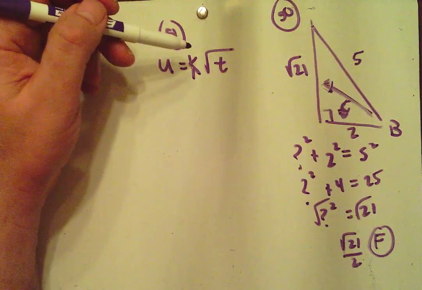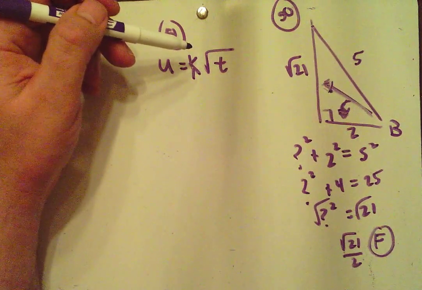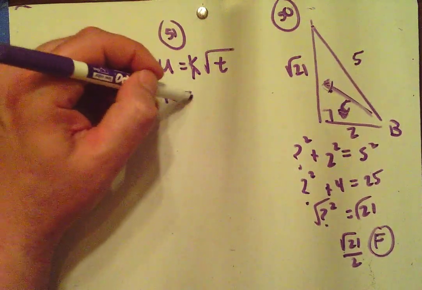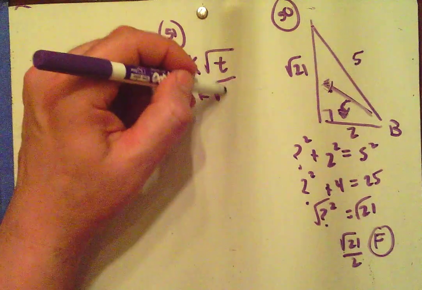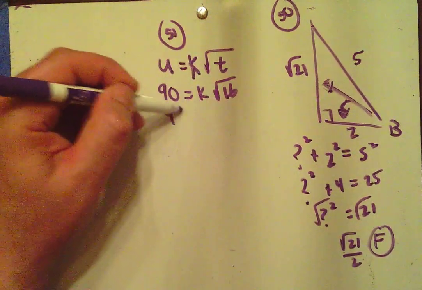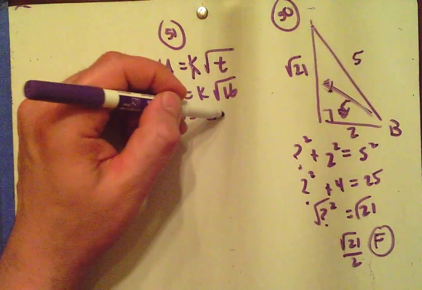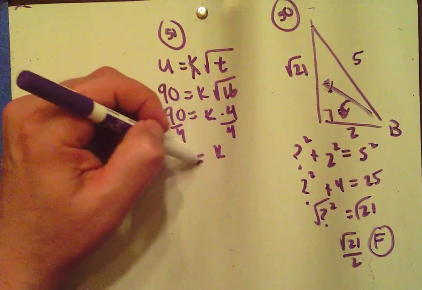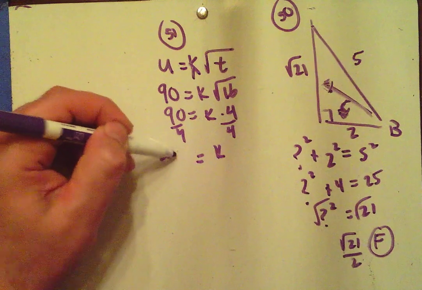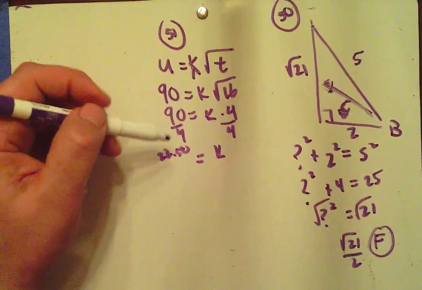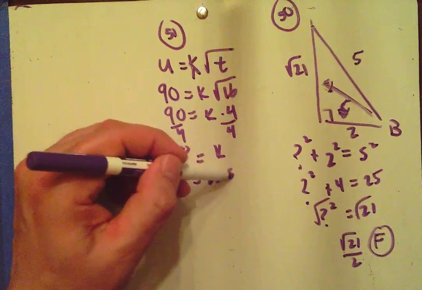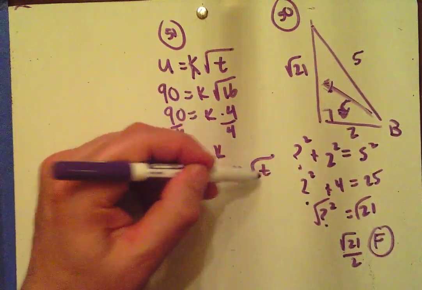So if a lesson is 16 minutes, the usage is $90. So 90 equals k square root of 16. 90 equals k times 4. Divide by 4. K equals 22.50. So then I know that u equals 22.50 square root of t.